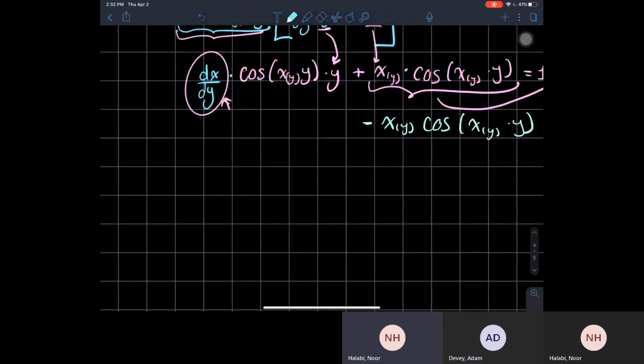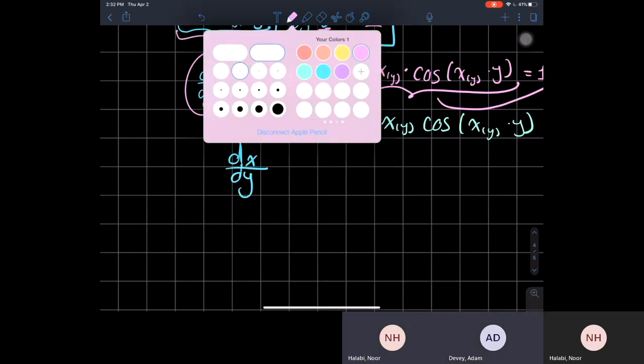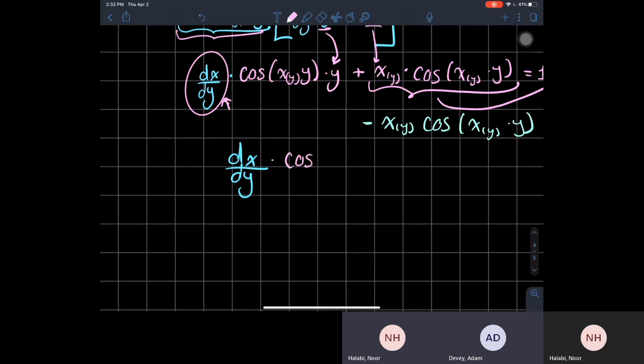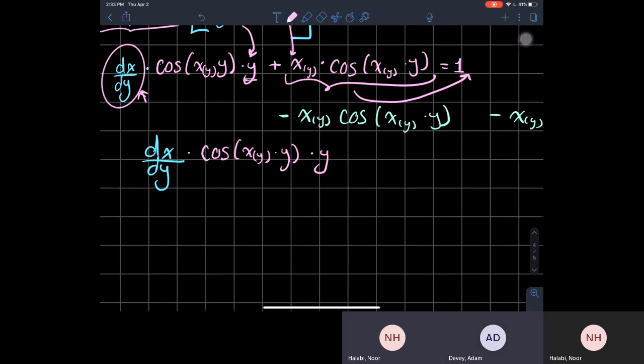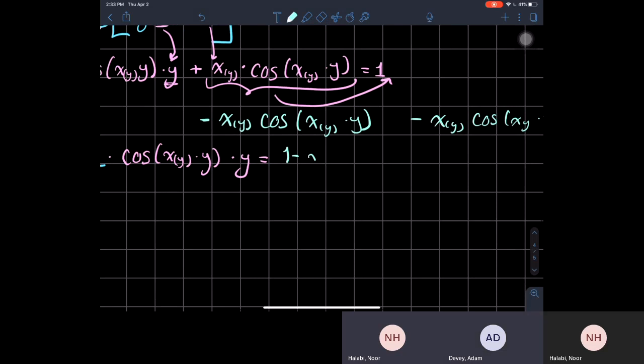Let's keep the dy, dx, dy blue so that we can see it, times cosine xy times y multiplied by another y because of that y right here is equal to 1 minus xy cosine xy times y.